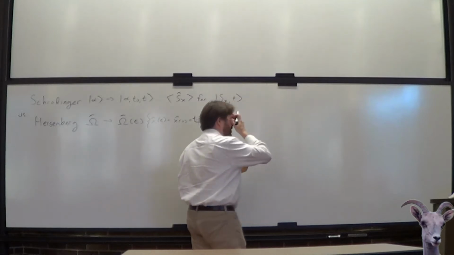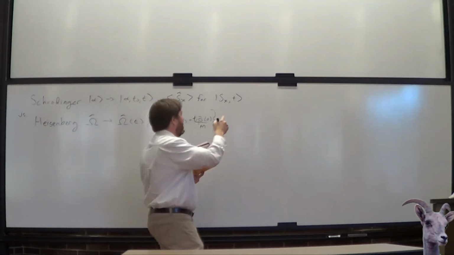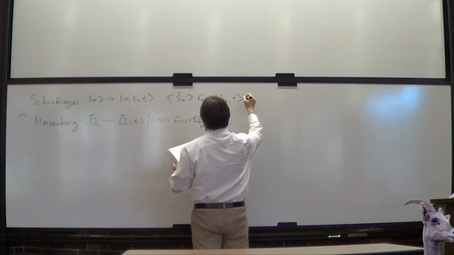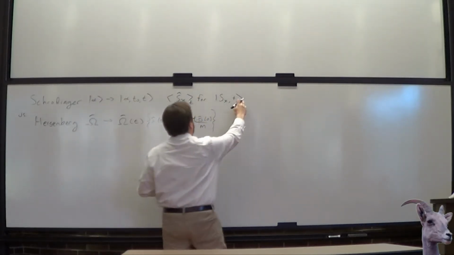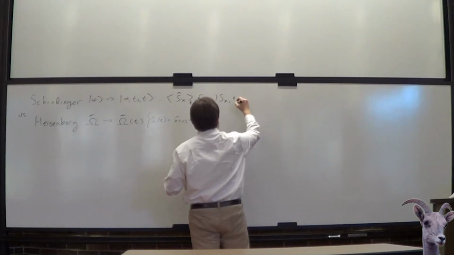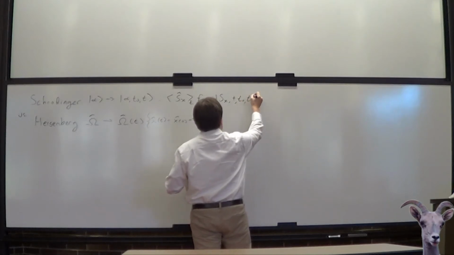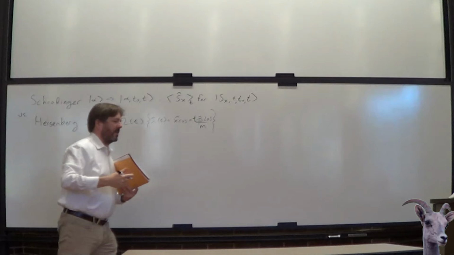So if you got a little confused on that, I kind of owe you a handout on how we did this. And of course, what I mean is time evolved.